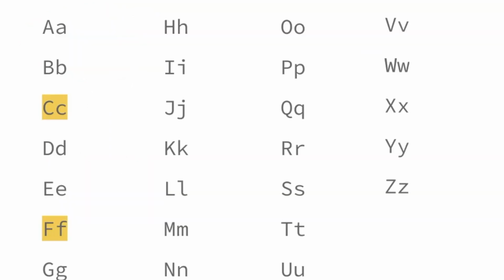K, f, h, k, p, s, t, x. These are our unvoiced consonants. They only use air. They don't use voice, no voice.